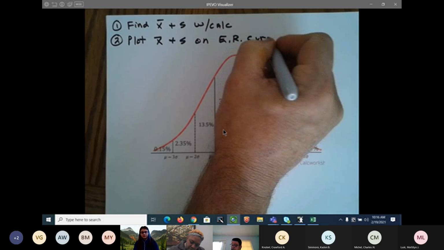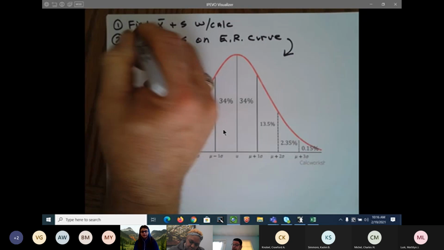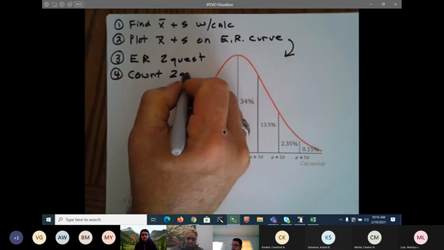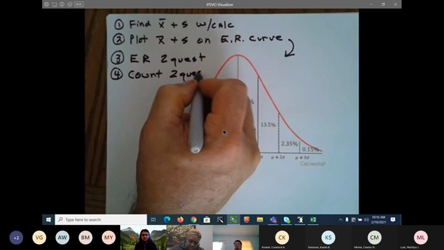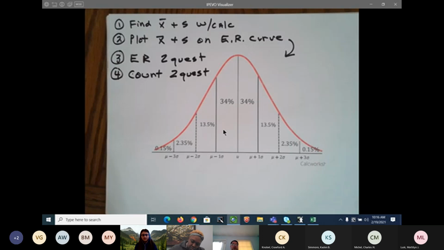3, you're going to use the empirical rule to answer 2 questions, and you're going to actually count to answer the other 2 questions. Now that's what you're going to do on this problem.